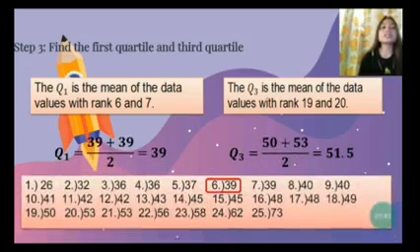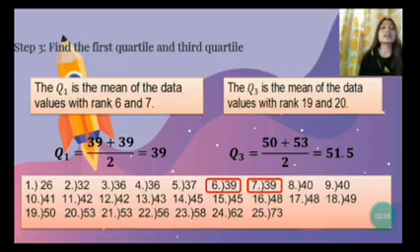So in rank 6, the value is 39. In rank 7 also 39. So 39 plus 39 equals 78, then divided by 2 equals 39. So 39 is the value of the first quartile.